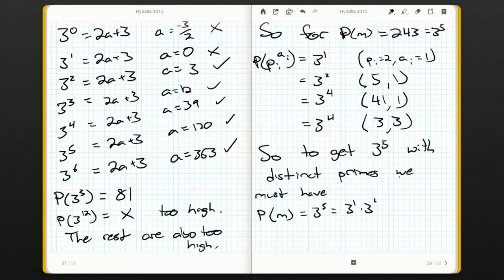So we must have a 3 to the 1 times 3 to the 4, and we can get that either with P of 2 times P of 41, or P of 2 and then P of 27.